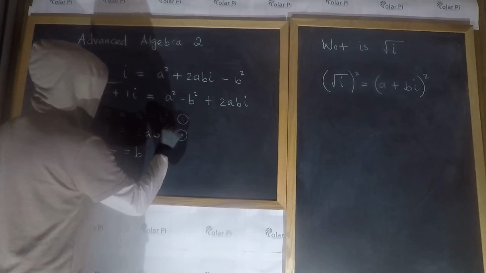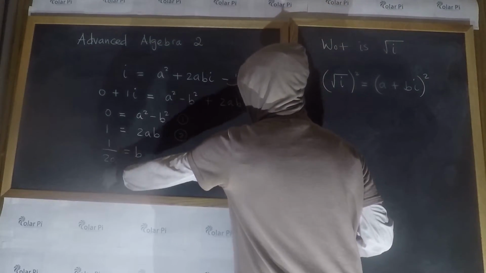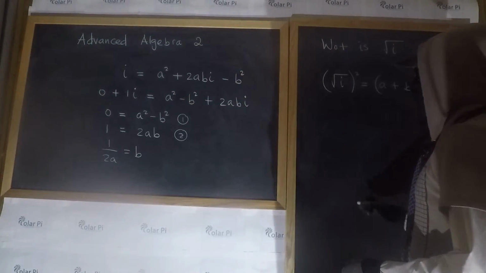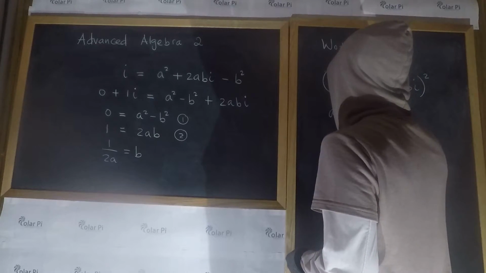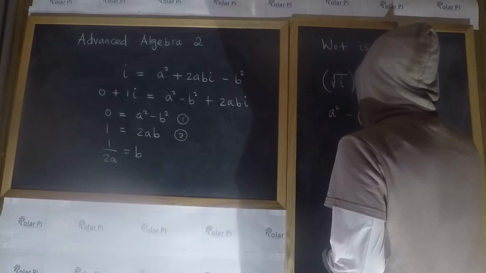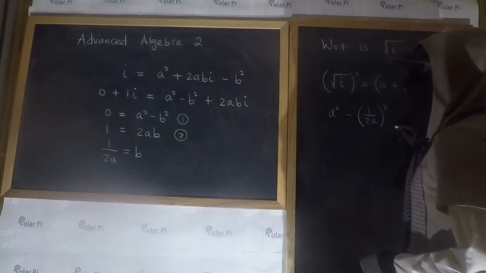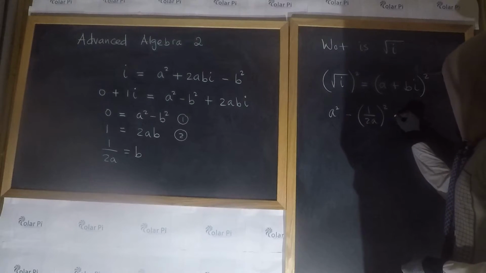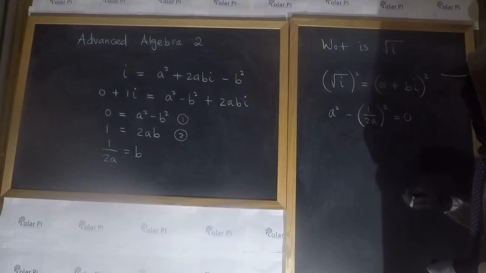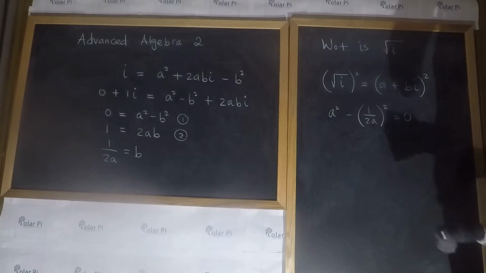If we substitute for b with 1 over 2a, we get a squared minus 1 over 2a, all squared, and that'll have to equal 0, because that's what the first equation says: a squared minus b squared equals 0.